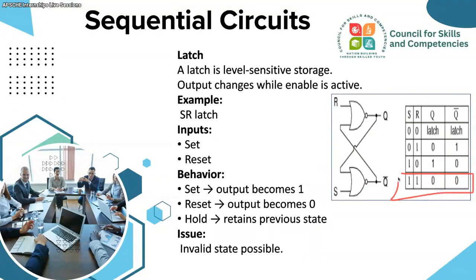Until here there is no problem, but when we give both inputs 1 1, then the real problem starts. How can we make set and reset both 1? That is the logical question, but we have given the option. So that is the idea: an invalid state is possible.